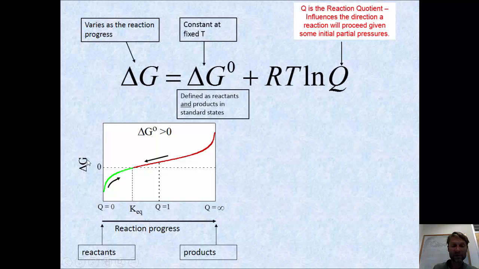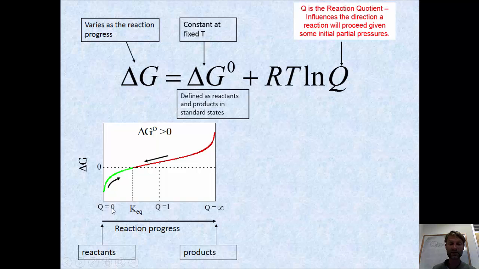Well, this graph shows a plot of delta G as a reaction progresses from 100% reactants to 100% products. The value of Q when we have 100% reactants is 0, because Q is defined as the amounts of the products over the amounts of the reactants.